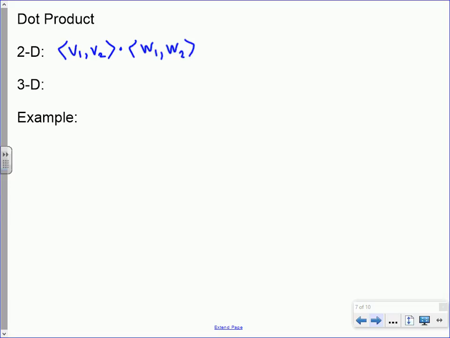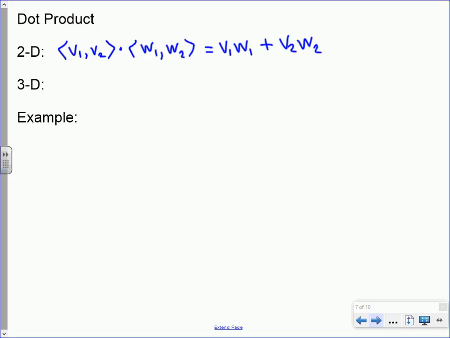So let's take vector V and multiply it to vector W. When we do the dot product, explain to me how we do the dot product. So you multiply V1 and W1, and then the same with V2 and W2, putting them together. Great.